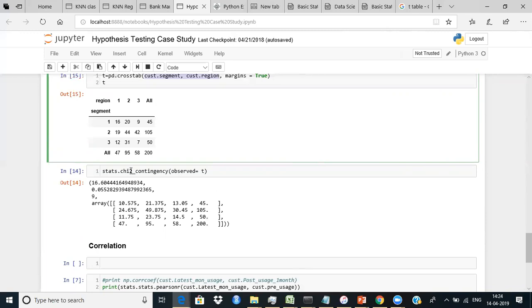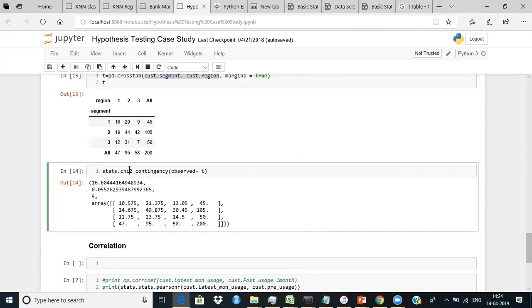Within that, you look for chi2_contingency, and you pass the cross tab that you have calculated above. Observed is the keyword. You pass the cross tab in that keyword.